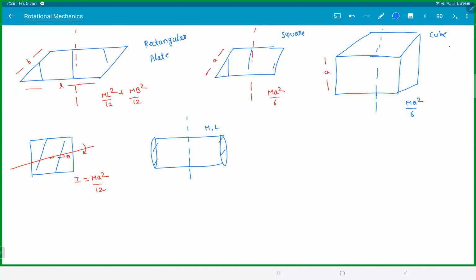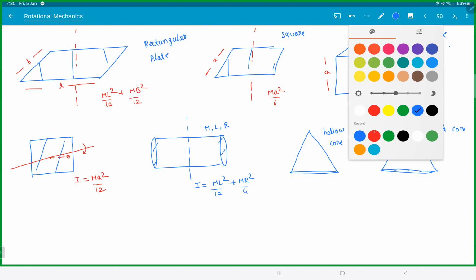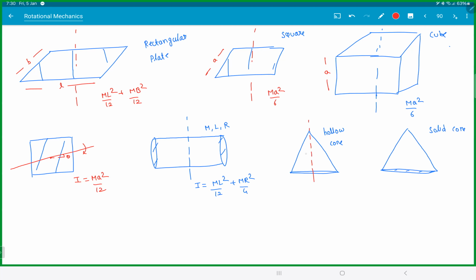And this thing we derived in the end today. Mass m, length L, radius r. ml square by 12 plus mr square by 4. These things we didn't derive, but we can derive them. Hollow cone and solid cone. So here the elements will be rings.